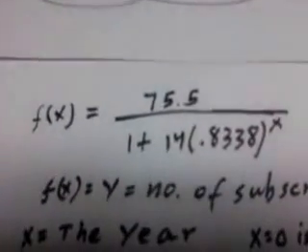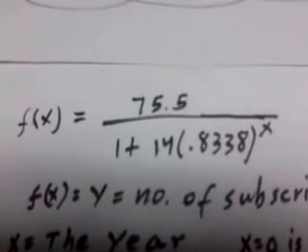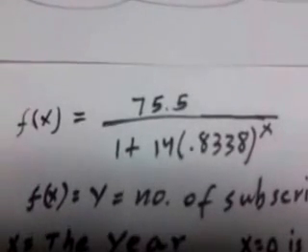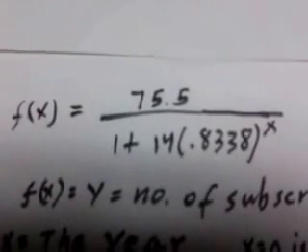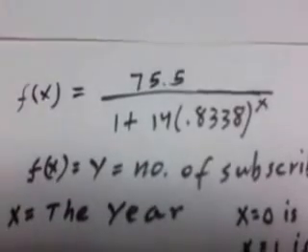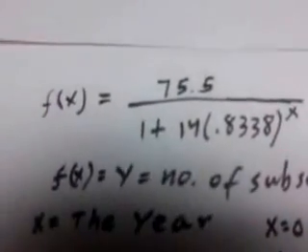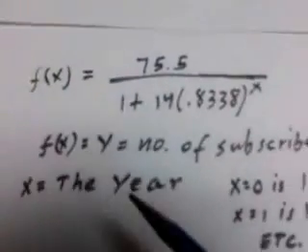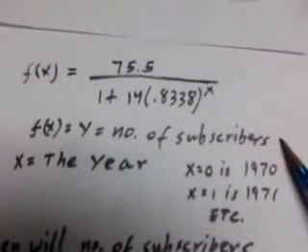The function is f of x equals 75.5 over 1 plus 14 times 0.8338 raised to the x power. In this function, f of x, which is the same as y, represents the number of subscribers to a cable television company.